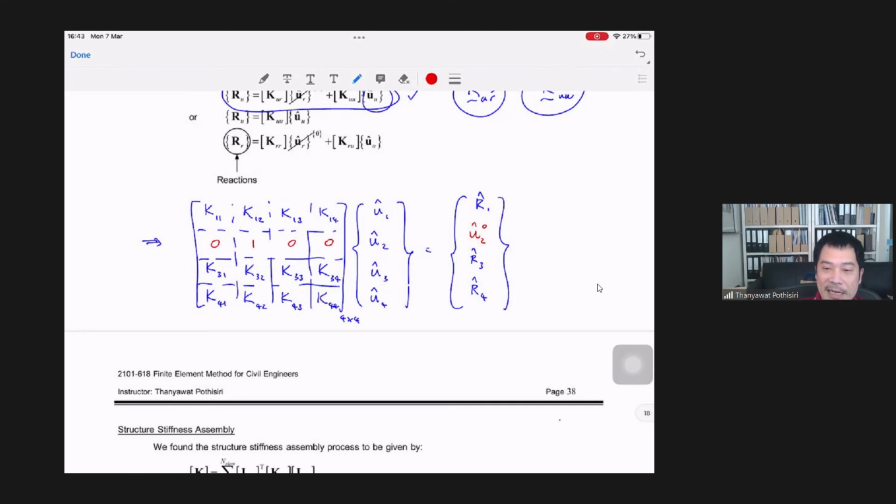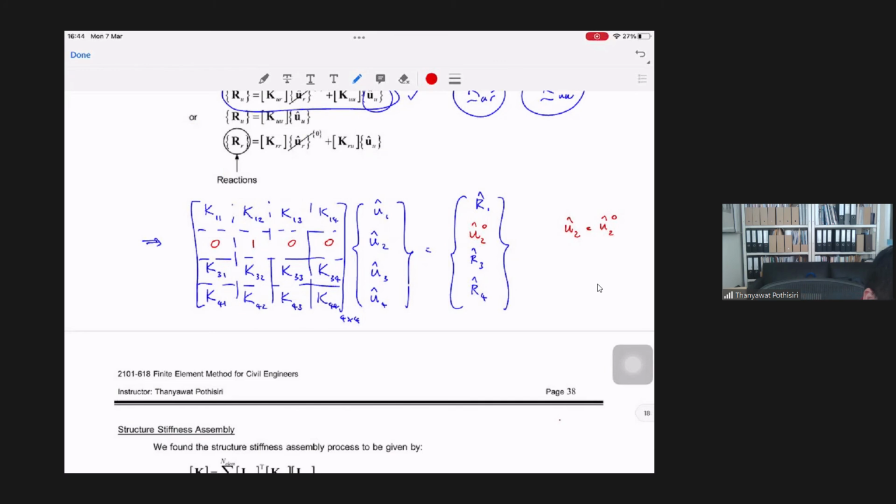So if you look at the second row now, my equation would read accordingly, based on this system of equations. But the problem would also become the remaining equations, the remaining 3 equations, because now you happen to know the value of u hat 2. So you can also modify the remaining equations based on the known value of displacement.